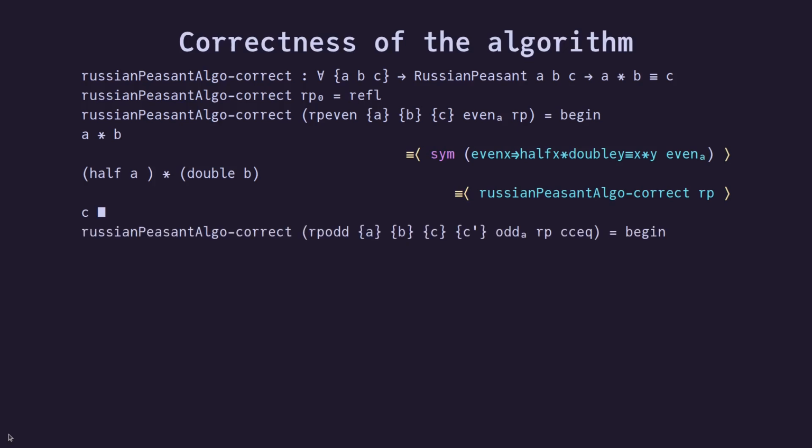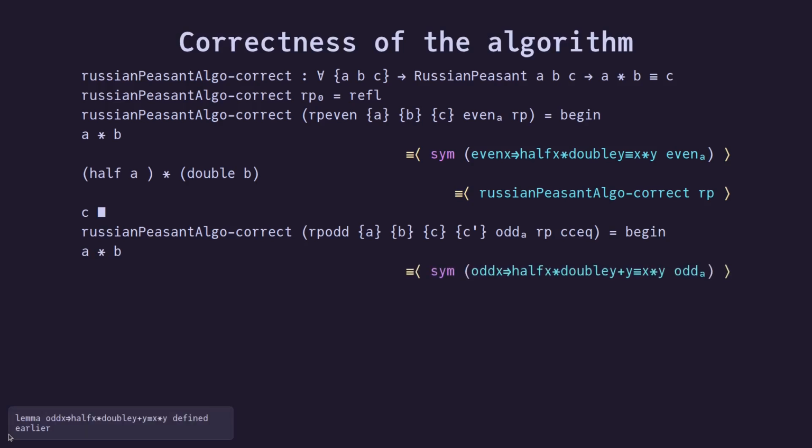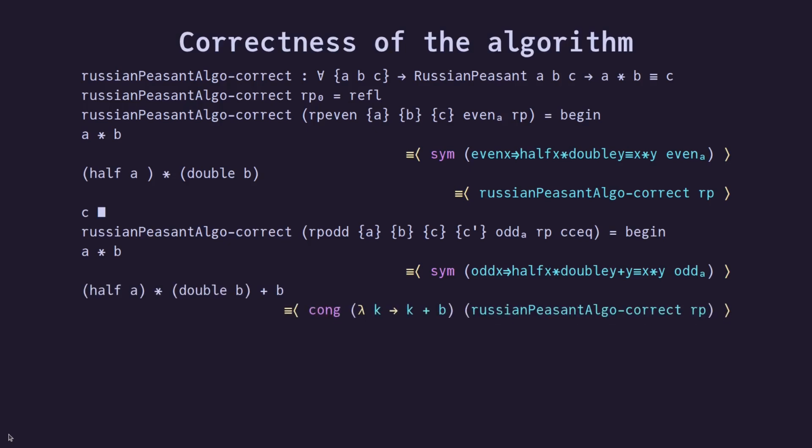In the odd case, if a is odd, we begin with a into b. In such a case, we have proved earlier a theorem that when a is odd, a into b is the same as half a into double b plus b. Now again, we invoke the algorithm inductively on the smaller numbers, and on the first part of this term, we get c prime plus b.